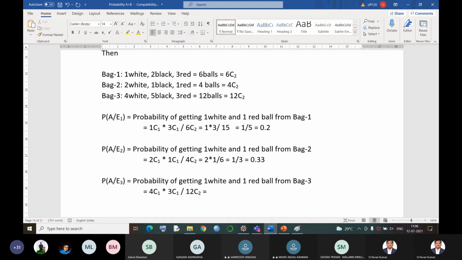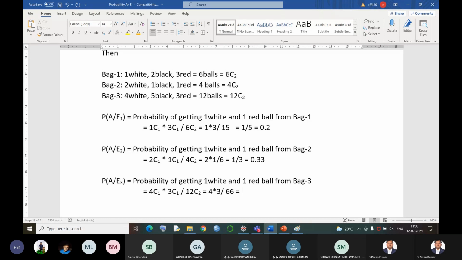Now 4C1 means 4, 3C1 means 3, and 12C2 means 12 into 11 divided by 2 factorial, which is 6 into 11, which is 66.